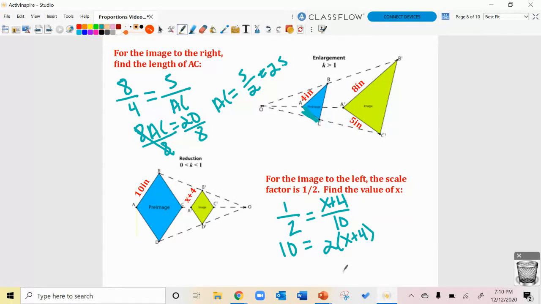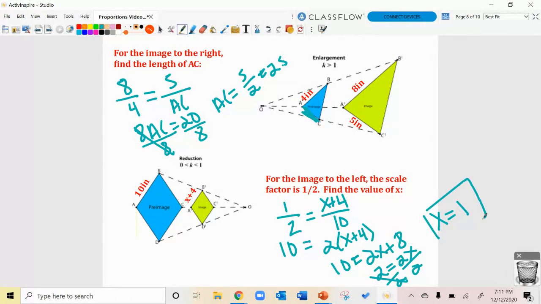I didn't forget my parentheses. 10 equals 2x plus 8. Go ahead and subtract 8, and I'm going to have 2 equals 2x. Therefore, if I divide by 2, x is going to equal 1. And I could go ahead and plug that back in and make sure, right?